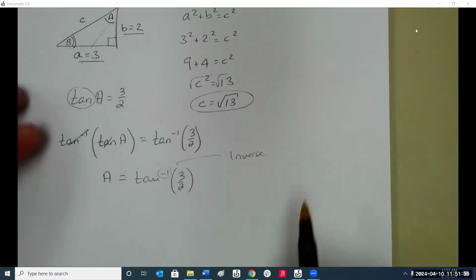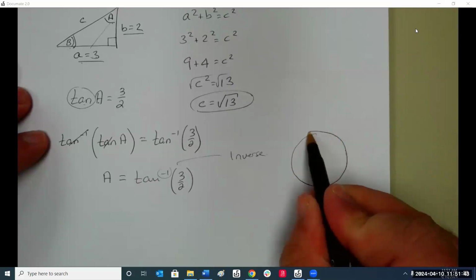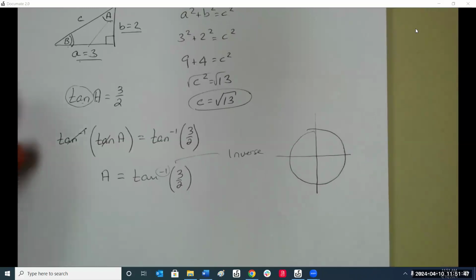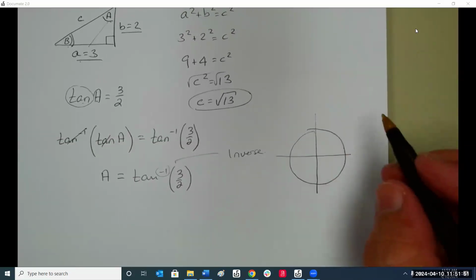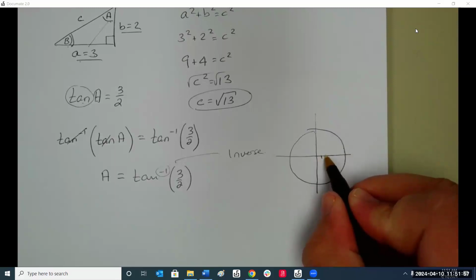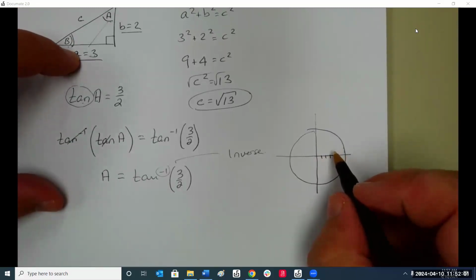Unfortunately, here, well, we could try to figure out if we have 3/2. This will be horizontal.